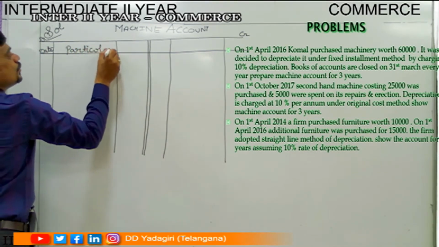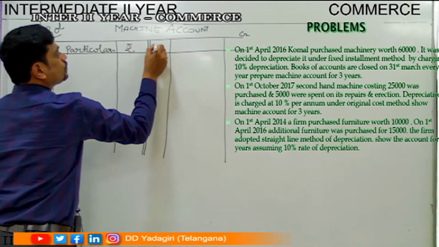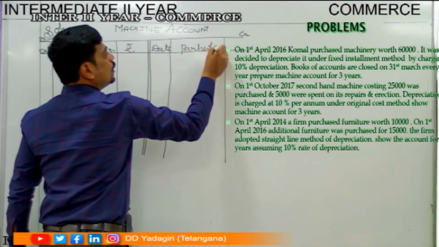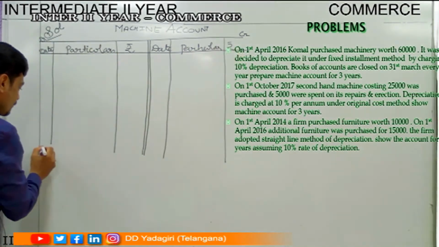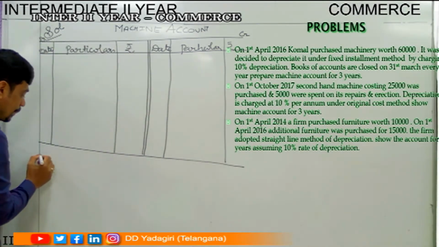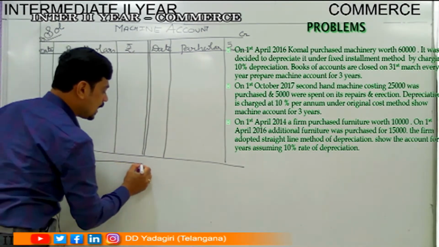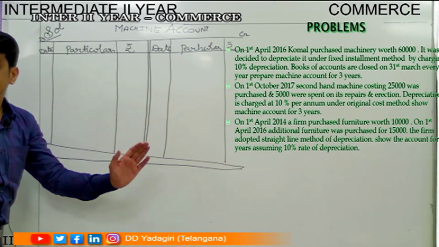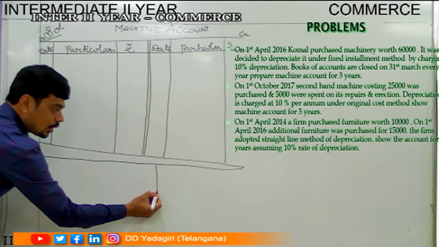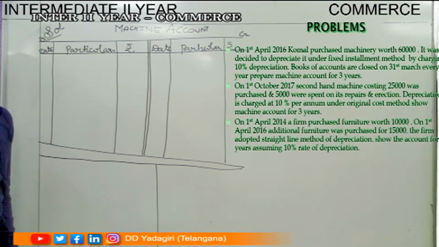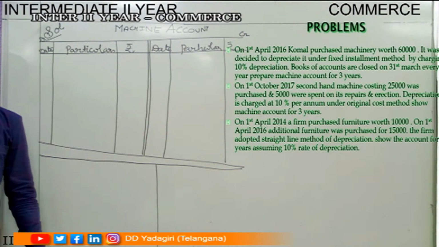Having done half page, draw the line, close it. Then below the account, do 2-sided working notes. Don't use rough page here and there. So here draw the working like this, again 2 sides. This is for calculation purpose.